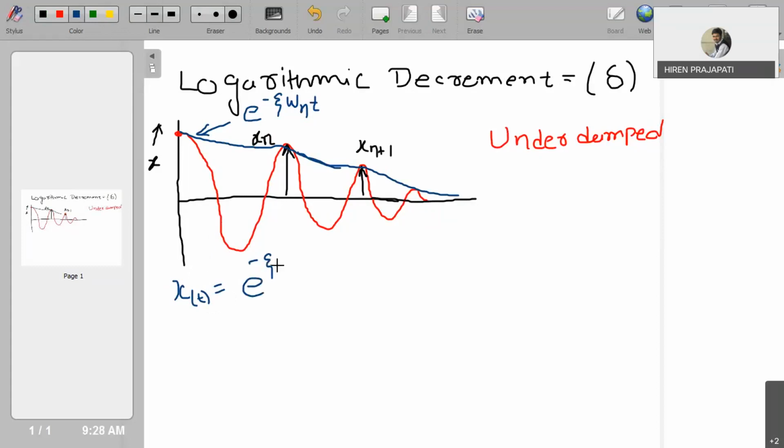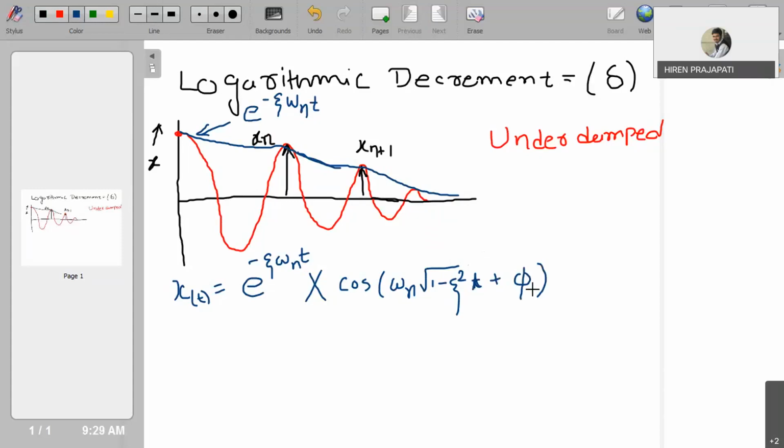It is e to the power minus zeta omega n t, then a constant X into cos of omega n square root of 1 minus zeta square t plus phi.